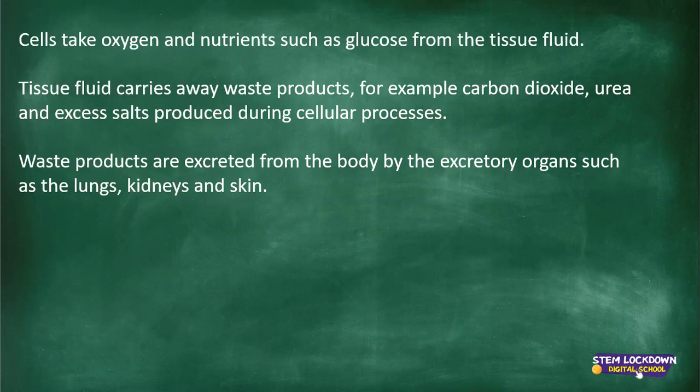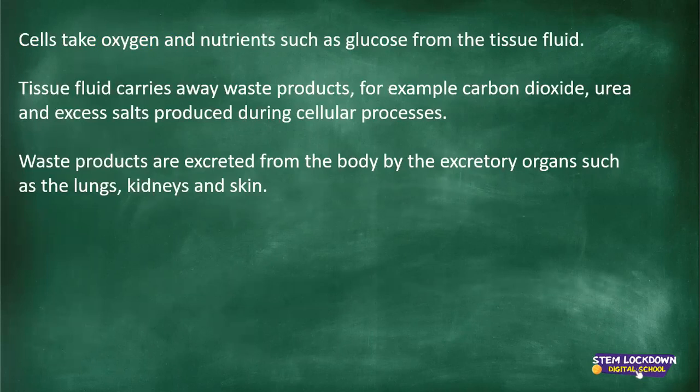Tissue fluid carries away waste products, for example, carbon dioxide, urea, and excess salts produced during cellular processes. So there's a lot in this tissue fluid. Waste is carried away here, and nutrients are also carried here.